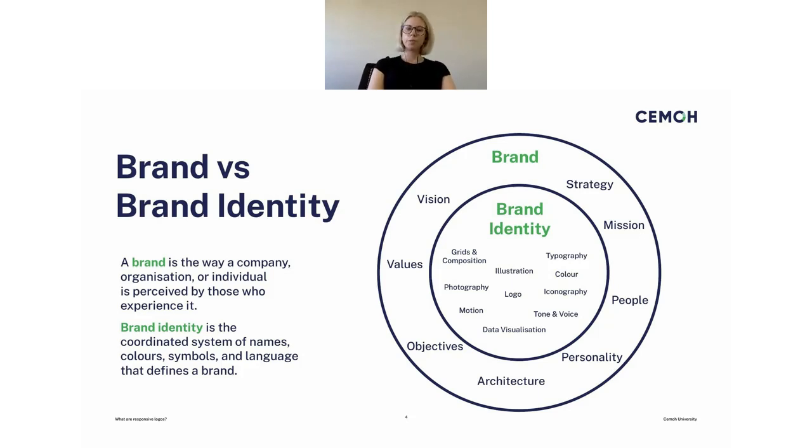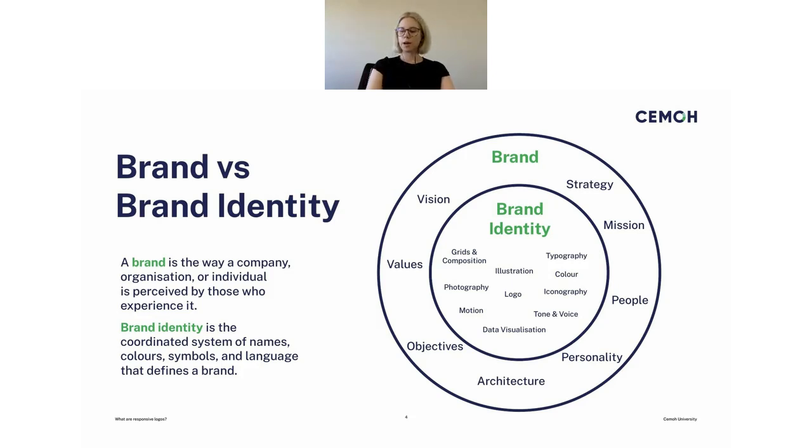And when we come to talk about brand identity, it's all of the little pieces that we use that sit together: the names, the colors, the logo, the illustration, the iconography, the tone that we talk to our customers with, the voice that we use, the personality that we choose to communicate with them, and the photography and the way that we structure all of these things and lay them out on the page.